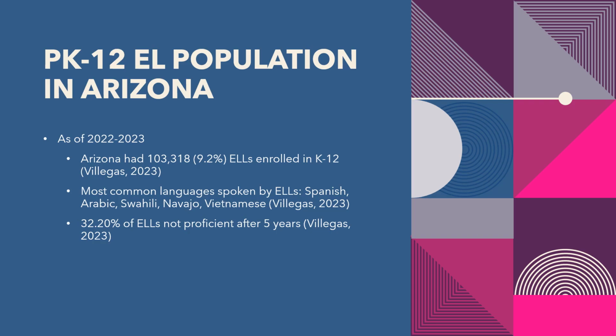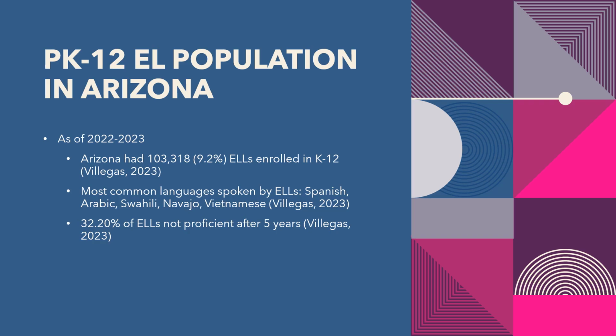The most common languages spoken by English language learners are Spanish, Arabic, Swahili, Navajo, and Vietnamese. These primary languages have changed over the years, but Spanish and Navajo are two that have shown up frequently over the different years that they have done the surveys.